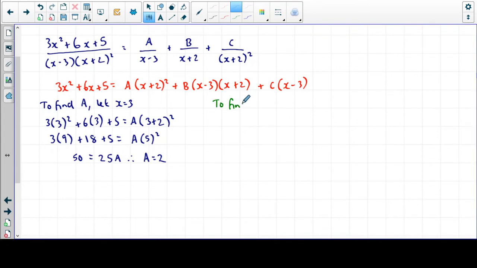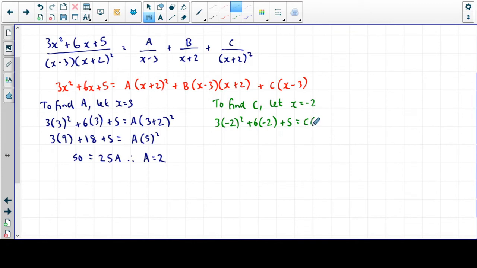To find c, I'm going to let x be equal to negative 2. So I'll have 3 times negative 2 squared plus 6 times negative 2 plus 5 is equal. Now this bracket will become 0, so this will disappear. This bracket will become 0, so all of this will disappear.